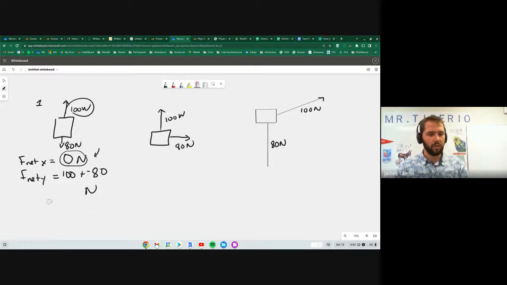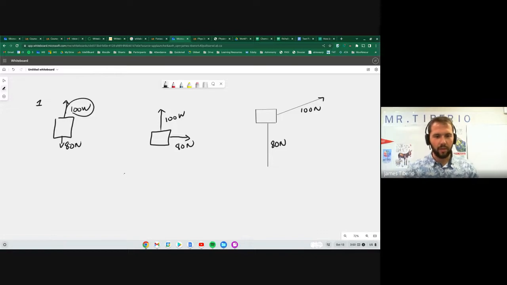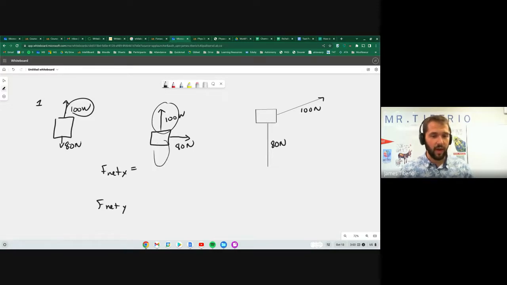So I'm going to erase that there. And actually, I'm just going to erase all of this. And so we do the same thing. We say, okay, I'm going to consider an Fnet in the X direction and an Fnet in the Y direction. Well, here, my Y direction, I clearly only have one force in the up direction, and there's nothing in the down direction. So currently my Fnet Y equals that, I don't know, I'm going to call it the force applied 1.